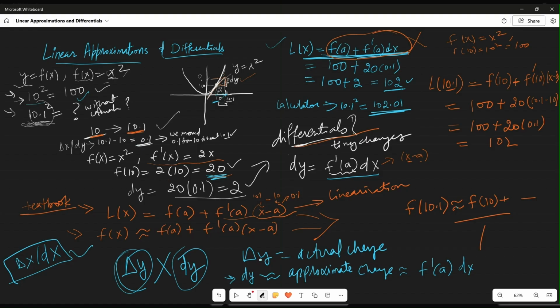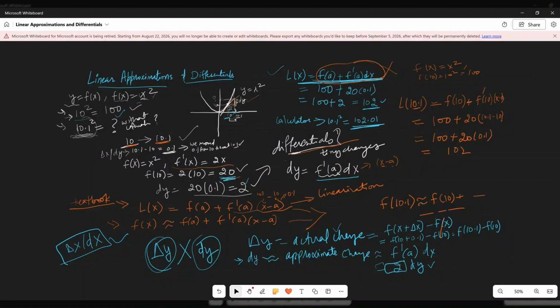But delta y is simply telling us the actual change, which is f of x plus the move we are making, the distance delta x, minus f of x. If you're trying to find delta y here, what is that? So f of x is 10, plus the change, 0.1, right, minus the function value at x, f of 10, the known value.